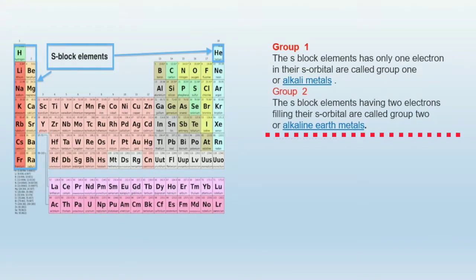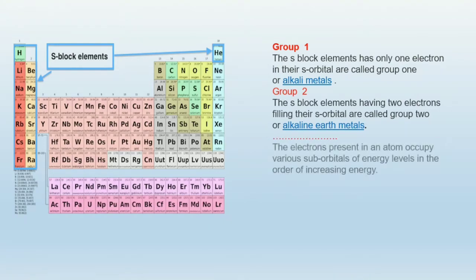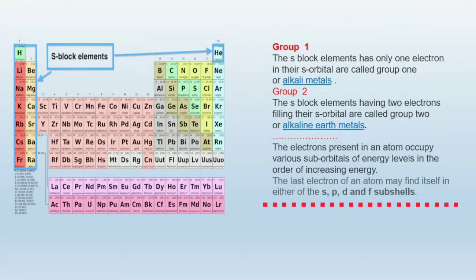The electrons present in an atom occupy various sub-orbitals of energy levels in the order of increasing energy. The last electron of an atom may find itself in either the s, p, d or f subshells.